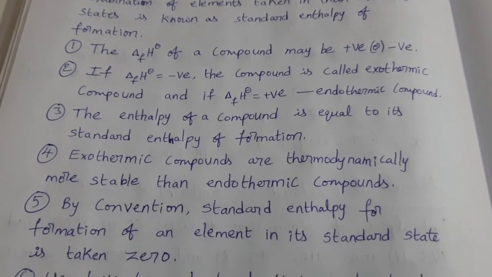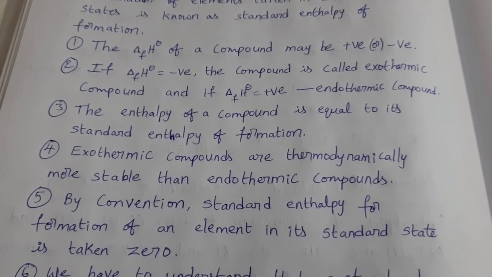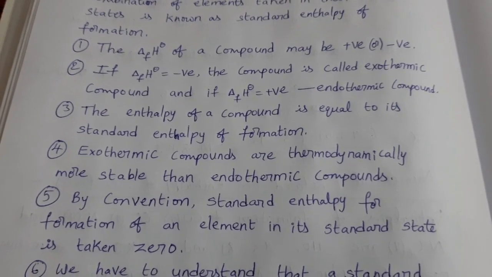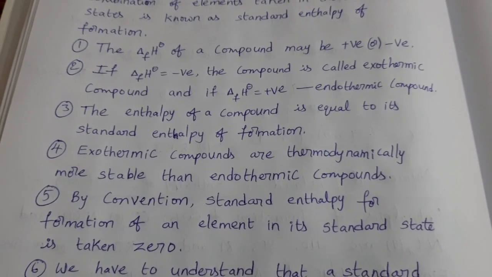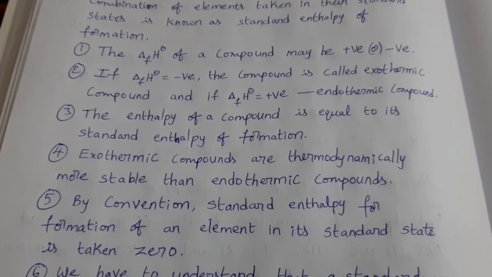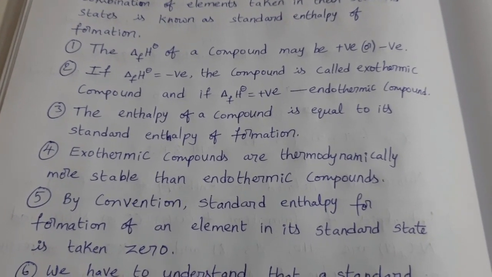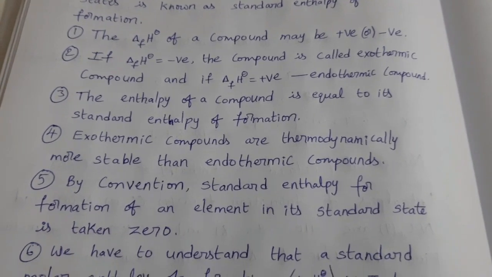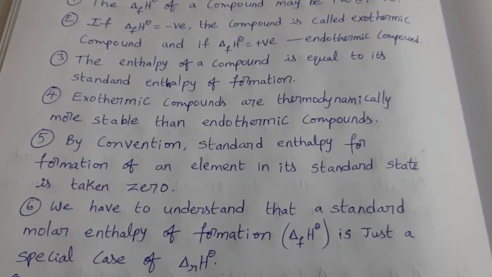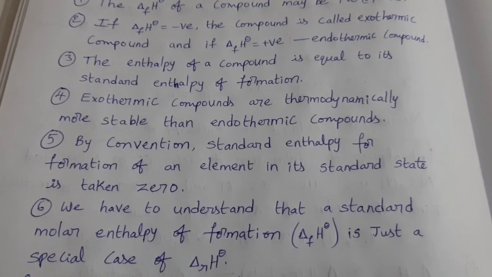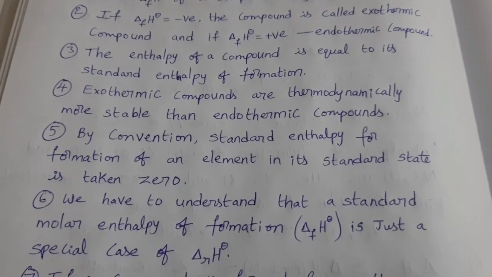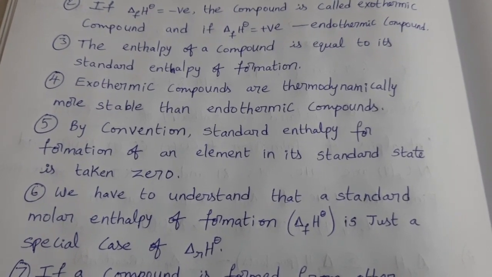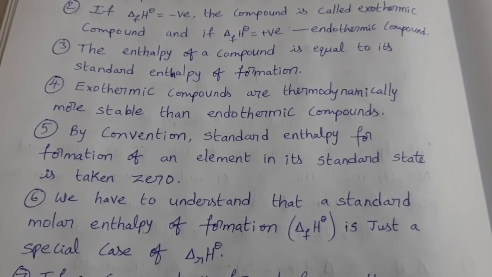By convention, the standard enthalpy of formation of an element in its standard state is 0. It is a very important point, students. Remember carefully. So, for an element in its standard state, standard enthalpy of formation is 0. We have to understand that the standard molar enthalpy of formation, delta F H naught, is just a special case of delta R H naught.